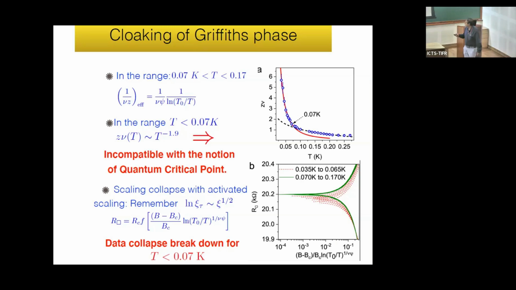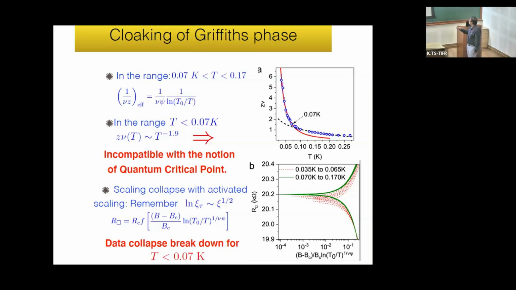So we take our data and try to fit or collapse it by means of the activated scaling ansatz. If we do that, we again see that at high enough temperatures, up till about 0.07 Kelvin, everything collapses beautifully onto two curves, right?